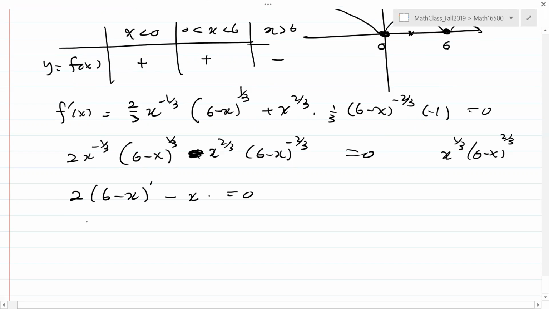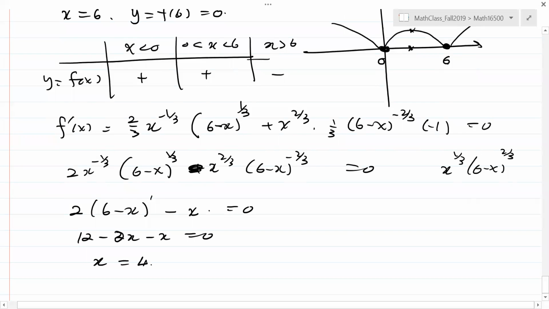So you will get 12 minus 3x minus x equals 0. It's minus 4x. So you will get x equals 4. x equals 4 is between 0 and 6. Wonderful. So we got it.